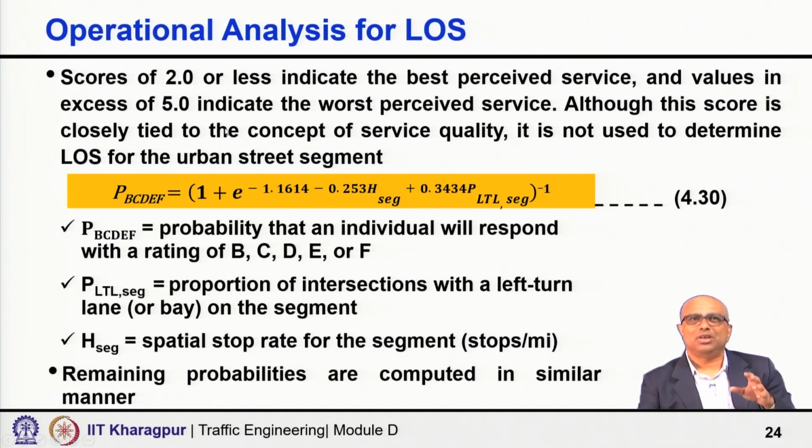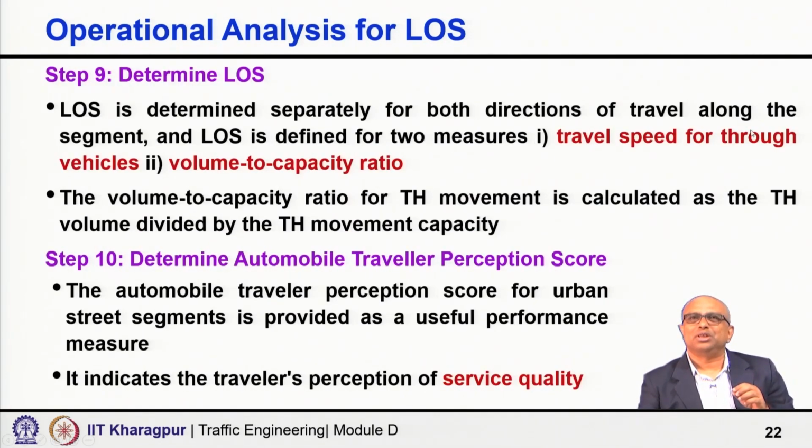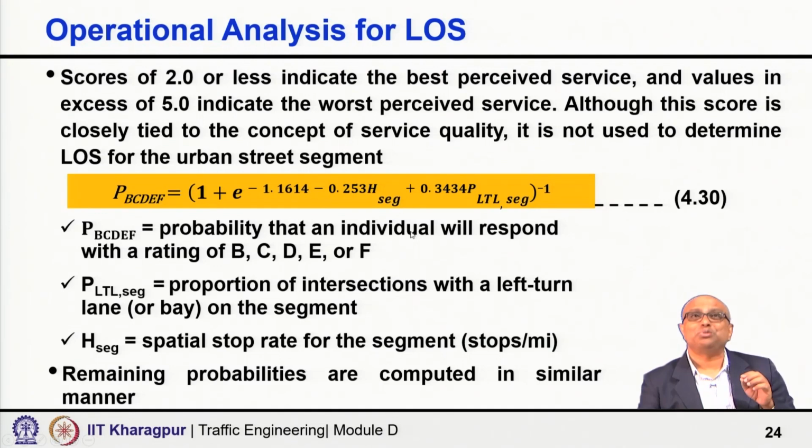Although this score is closely tied with the concept of service quality, and may not be completely in disagreement with the LOS, we still do not use the score to determine the LOS. LOS is still determined based on the travel speed for through vehicles and volume to capacity ratio, but this is still useful because it tells us something more, and looking at the score we can decide whether we need to take further interventions, and we can also relate it to the actual LOS.